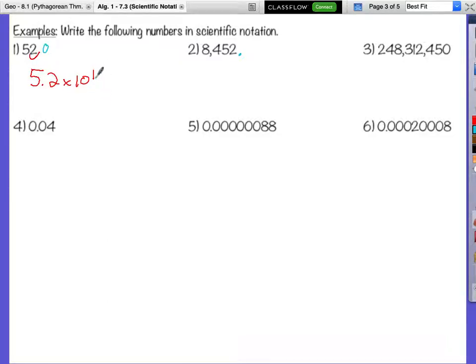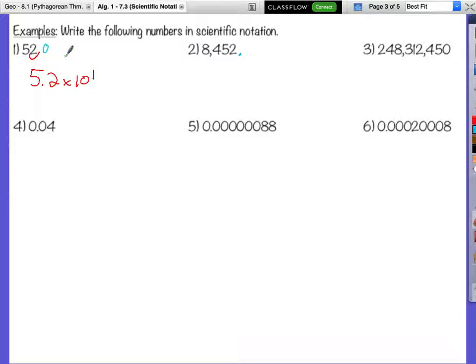Now how can we remember this has to be a positive 1 instead of a negative 1? Anna? Okay. I didn't move it backwards. I didn't make the number bigger, okay? So if this is 5.2 times 10 to the first, this is a positive exponent, right?